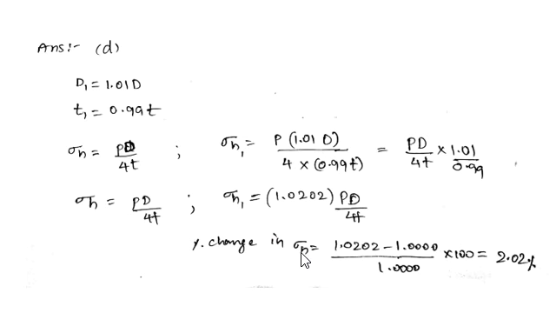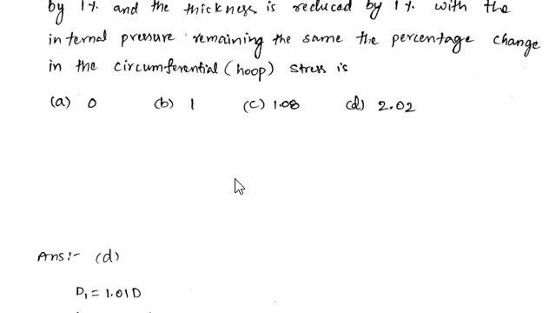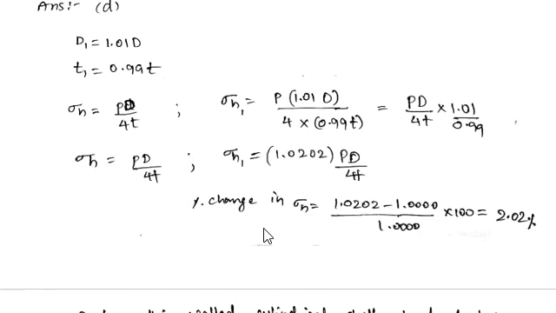He is asking the percentage increase, so we will write 1.0202 minus 1, divided by 1, into 100. When you simplify that, we get the percentage increase in circumferential or hoop stress in this case as 2.02%. So option D is the right option here.